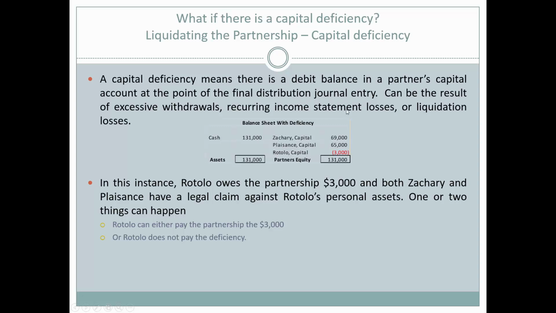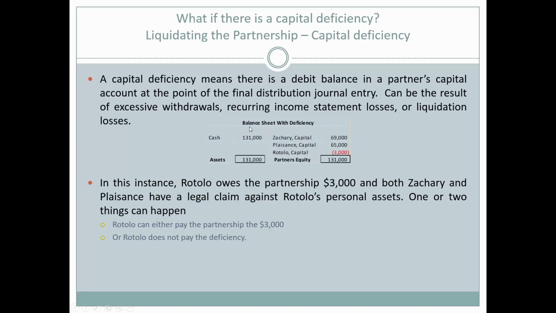This debit balance could be as a result of excessive withdrawals on the behalf of the partner, reoccurring income statement losses on behalf of the partnership, and one of the reasons why it's liquidating is because it's having reoccurring losses, or liquidation losses when they go to sell all of their assets. When they divvy everything up, there is a debit balance in one of the partner's accounts.